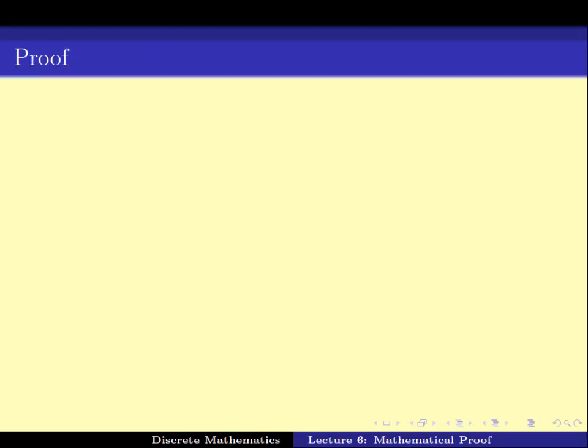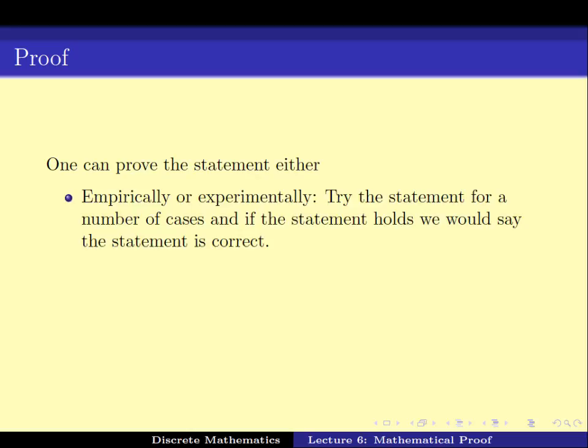The first proof technique is what we call empirical or experimental proof. That is, we would like to try this particular statement or any statement on a number of cases, and if the statement holds for all the cases for which we have tried, we would say the statement is correct.